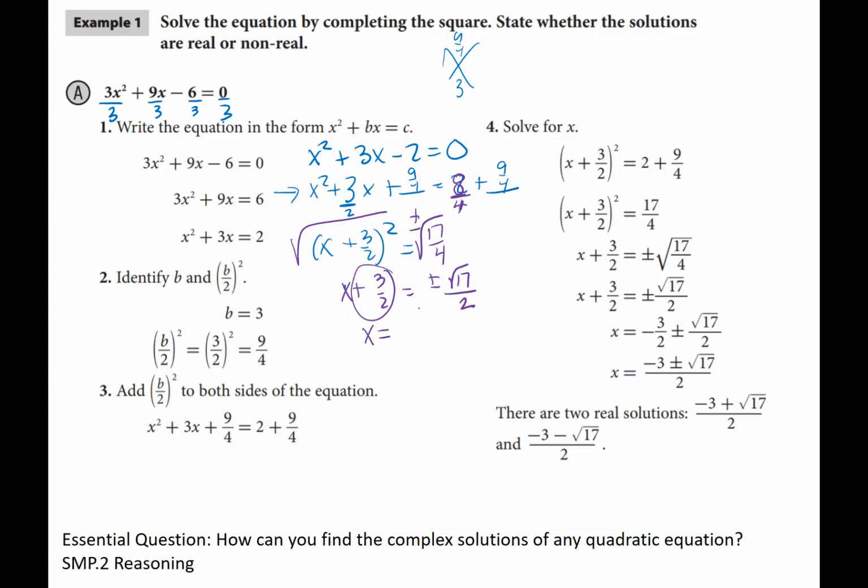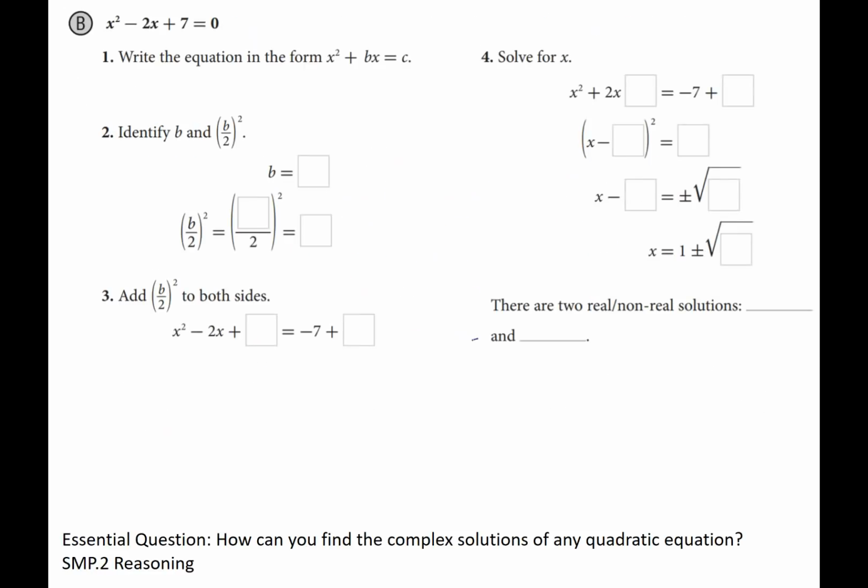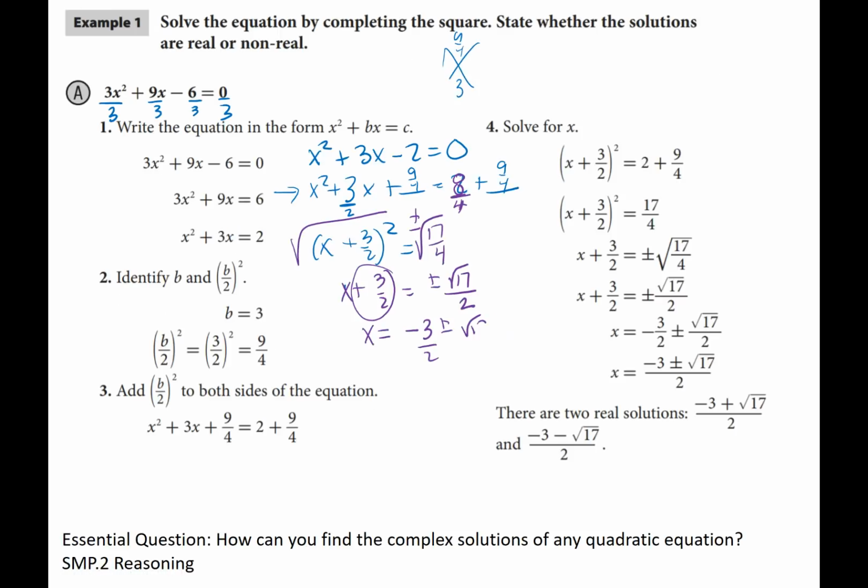So x equals negative 3/2 plus or minus square root of 17 over 2. Notice they're over the same denominator, so I could rewrite it as negative 3 plus or minus square root of 17 over 2. In fact, I could have gone right to that step, which is probably what I will do.